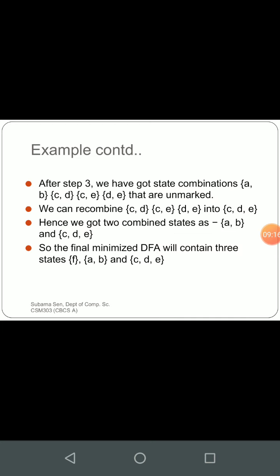See, after step 3, we got the combination A, B, C, D, C, E, D, E that are unmarked. Means these are the cells where we have failed to make pairs, right?